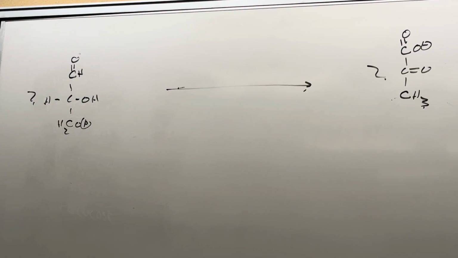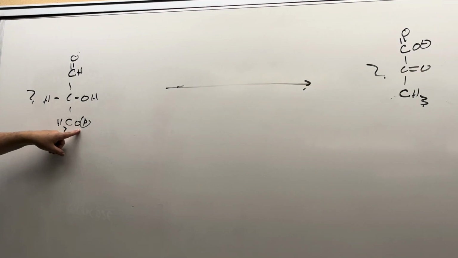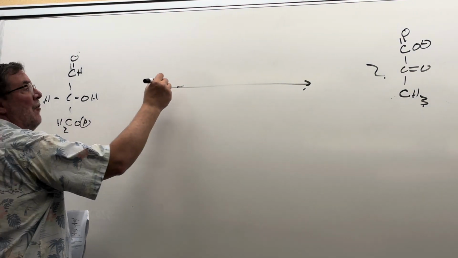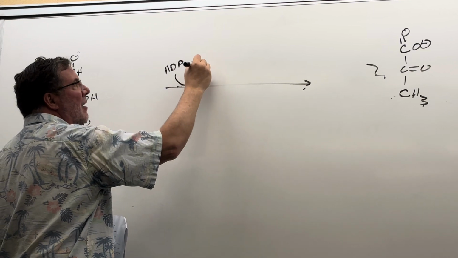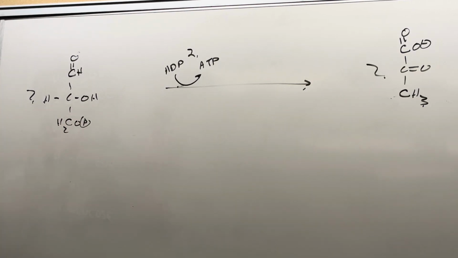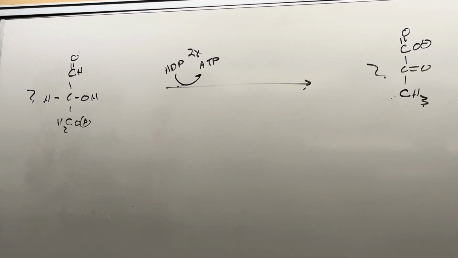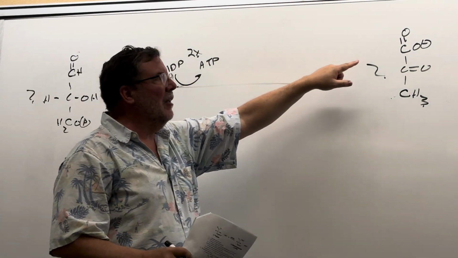And so if we look at this, these no longer have these phosphates in here, right? We've gotten rid of those phosphates. Those phosphates are going to be transferred back to ADP, so we get ADP to ATP. That's going to happen twice. The other thing to notice is we've oxidized this aldehyde to a carboxylic acid.